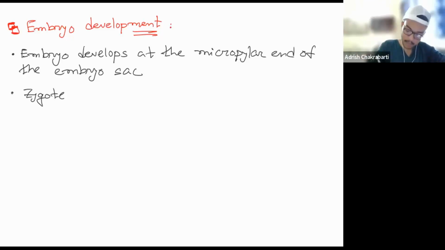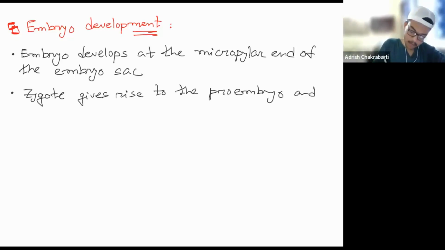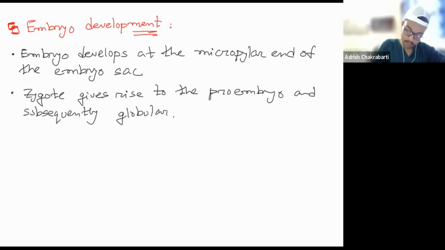So what exactly happens? The zygote gives rise to the proembryo and subsequently globular, heart-shaped, mature embryo.